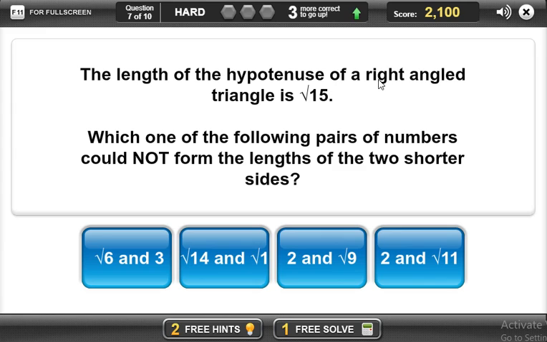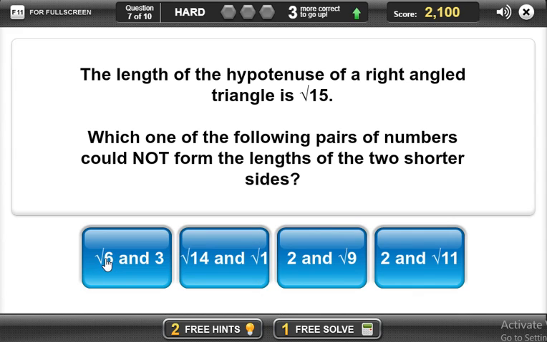The length of the hypotenuse of a right angled triangle is the square root of 15. Alright. So the length of the hypotenuse is going to be the square root of the other two sides added together after they've been squared. So if we look at the other two sides, could one side be the square root of 6 and the other side be 3? Well, let's try squaring both of these and adding them together.